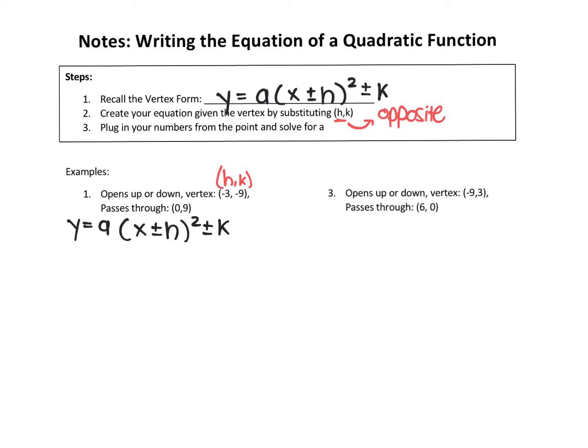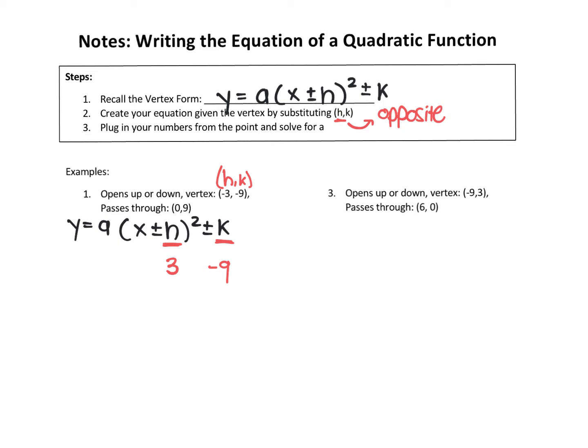But remember, h is opposite. So when I'm plugging it into the equation, instead of -3, where the h is, I'm going to put the opposite, +3. And where my k is, I'm going to replace it with -9 because that's my k.